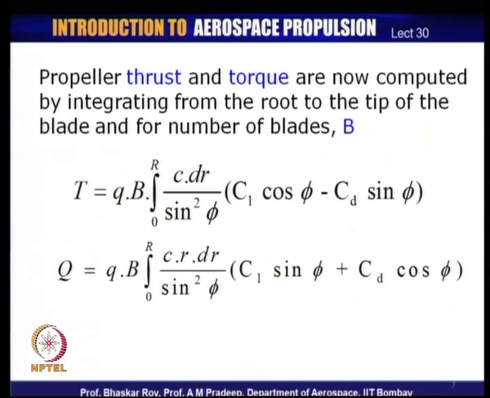So, the elemental thrust and torque we were talking about are now to be integrated from the root to the tip of the blade, and let us say we have a number of blades B, which as we have seen could be 2, 3, 4 or 5 or 6 or 8. That is typically the number of blades normally used these days. If you put them all together, you get the total thrust of the propeller and the total torque of the propeller that needs to be supplied by the engine.